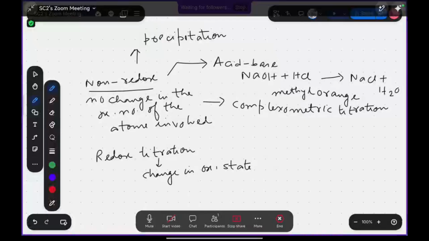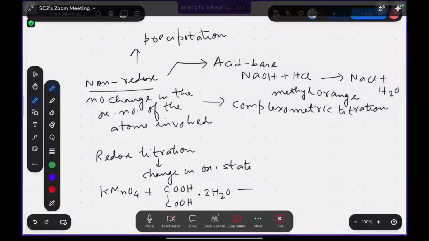For example, the titration of potassium permanganate with oxalic acid, producing carbon dioxide.